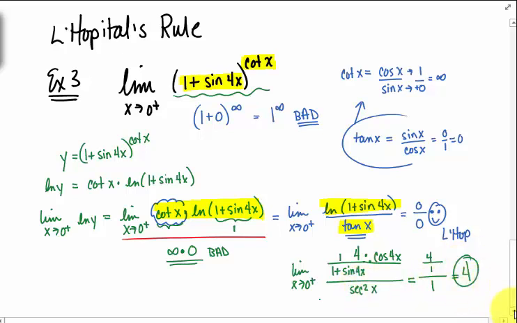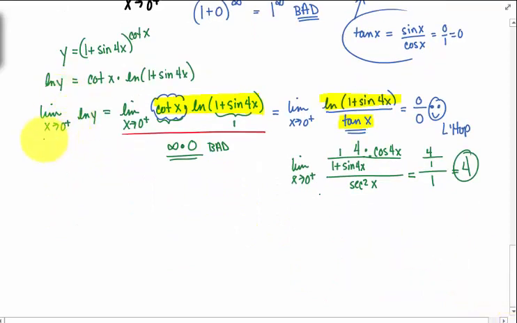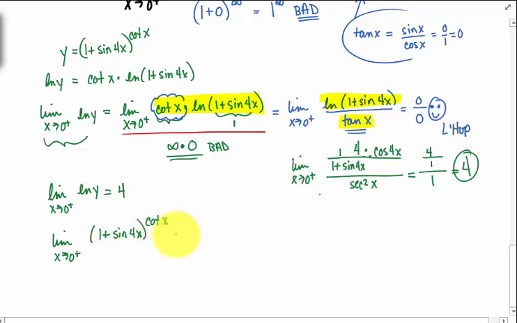So that's good. Here's what we've got. We have just figured out that the limit as x approaches 0 of the natural log of y equals 4. So let's go back to the beginning. The original problem we were trying to figure out was the limit as x approaches 0 from the right of 1 plus sine 4x to the cotangent of x. We know that we called that y, so these two things are equal.